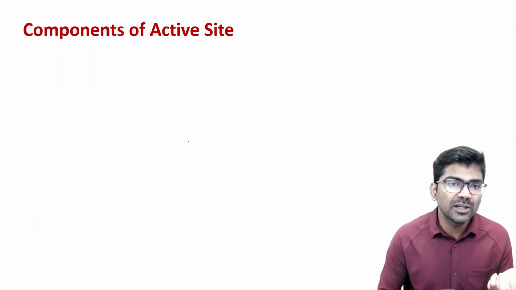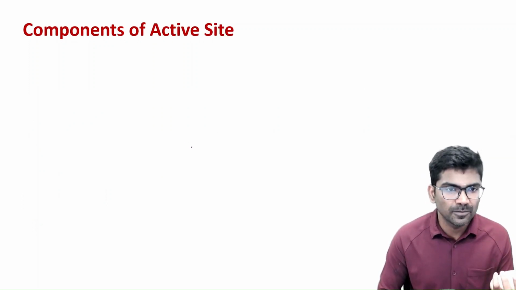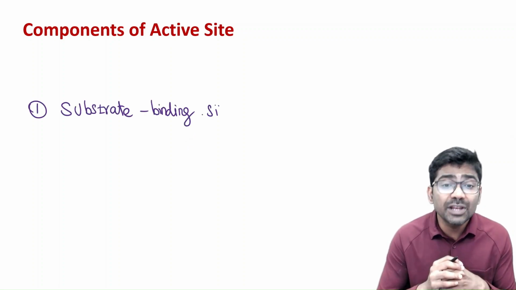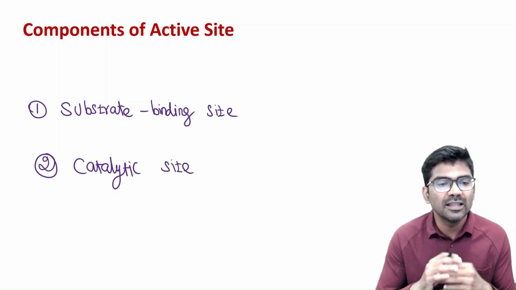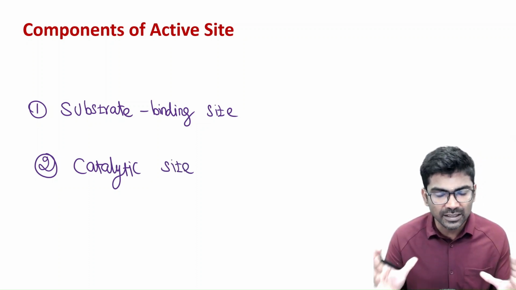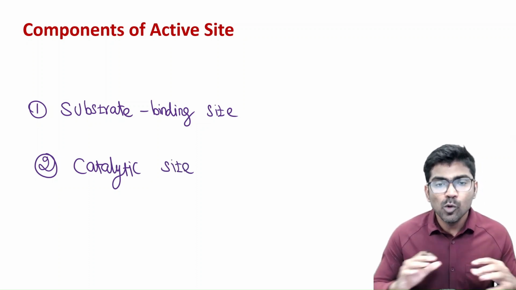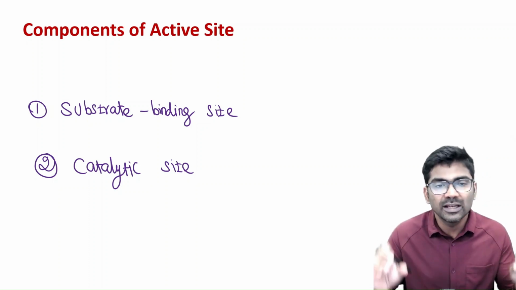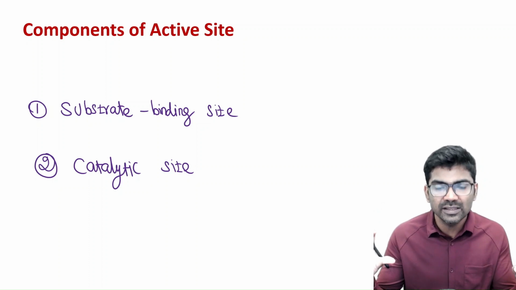There are two components of active site. What are they? The first one is substrate binding site and the other one is catalytic site. This is very, very important. Most people think that active site means it is catalytic site. No, there are two separate sites in the active site.